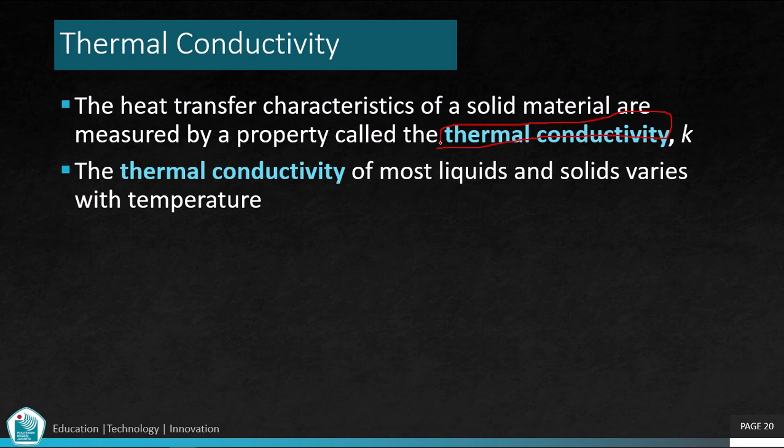If we have high thermal conductivity, it means heat can be transferred easily, so the heat loss is low. For example, if we have a slab with T hot and T cold, and the K is higher, it means the temperature gradient is small.